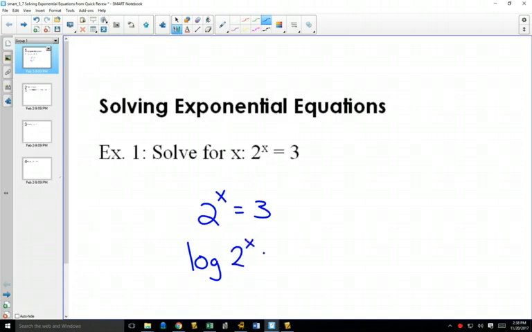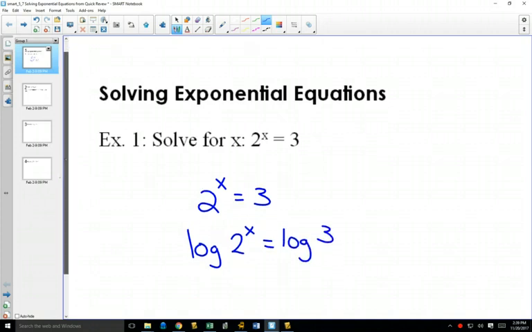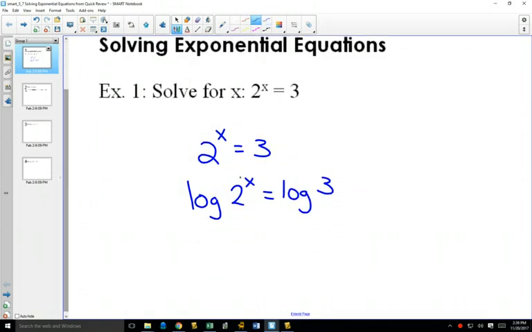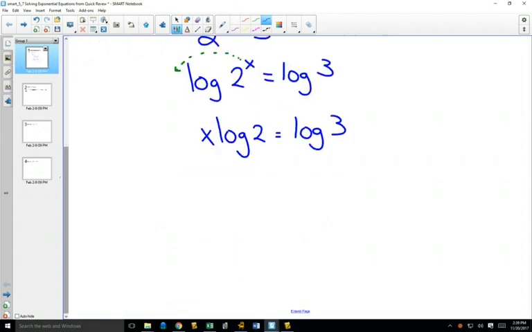So if I take the log of both sides, I now can use my log law that says when you have an exponent inside, that exponent can come out in front. And then we can get x by itself and say x is equal to log 3 divided by log 2.